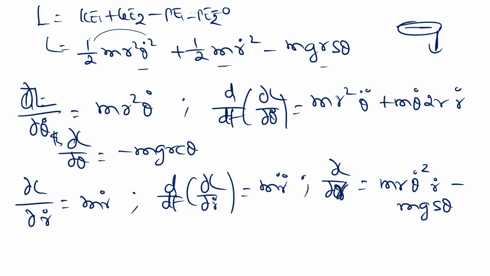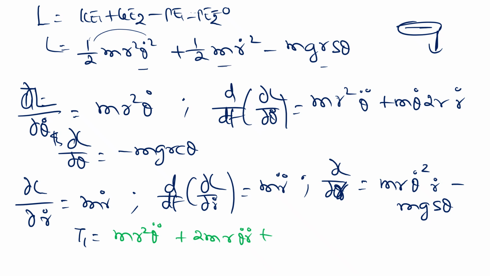Now we have to combine it. So what is tau 1? Tau 1 is the first term. What is the first term here? Yeah, this one. So it is m r square theta double dot plus 2m r theta dot r dot. Okay, so this is your first term, dou L, then minus dou L by dou theta.